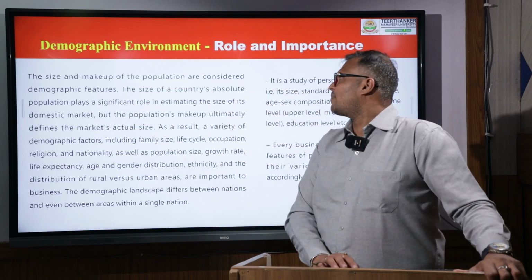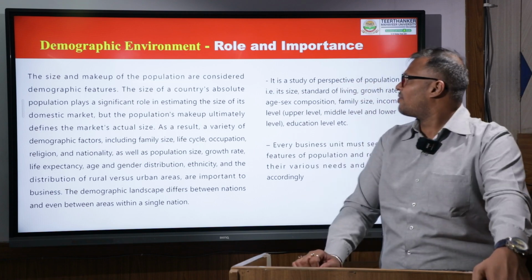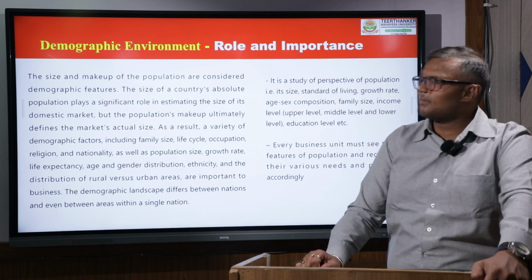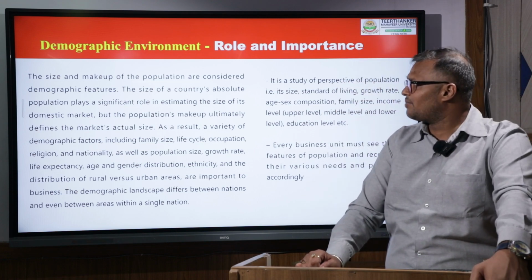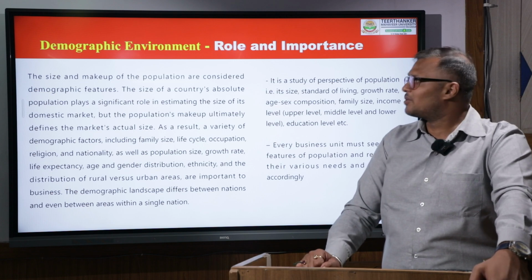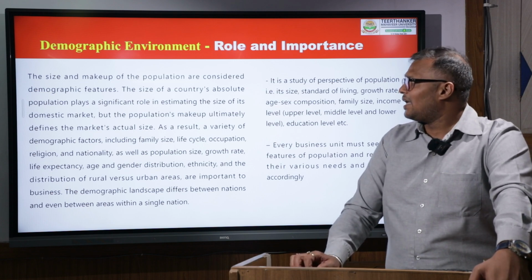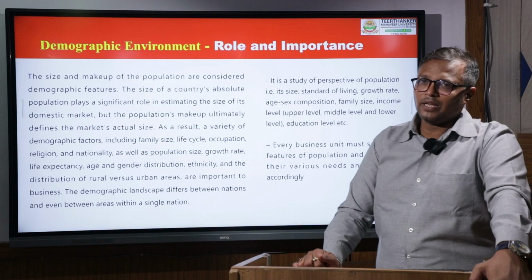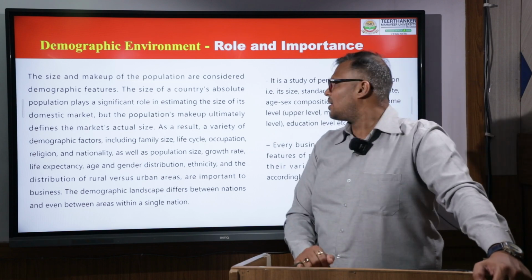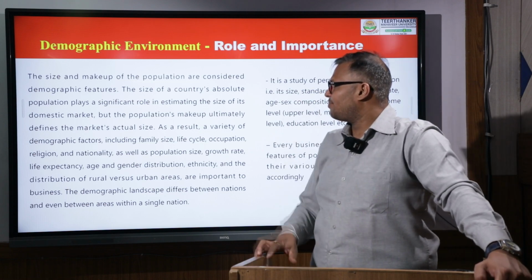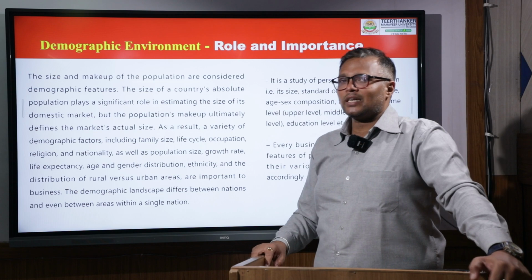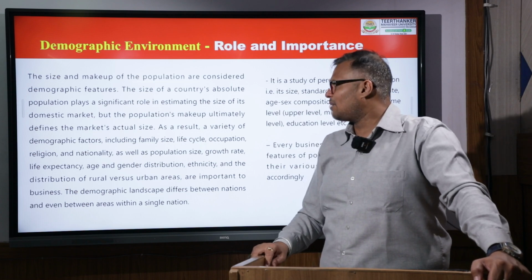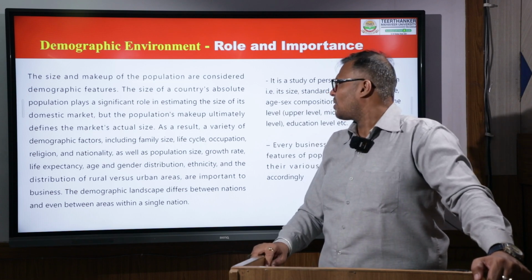Then over here is the demographic environment. The demographic environment represents the size and makeup of the population, which collectively represents the demographic features. Each place, any country, city, state, has a different size, and the population in that locality plays a very significant role.